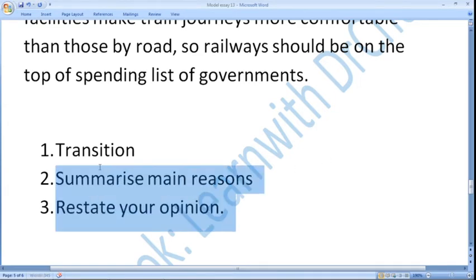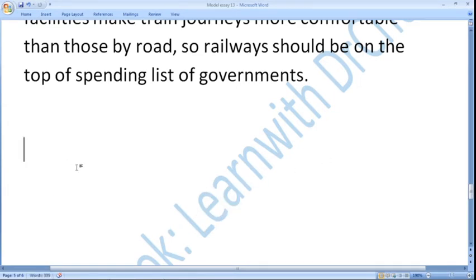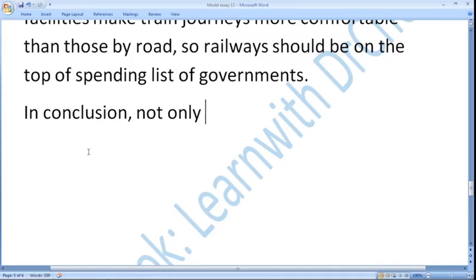Okay, these are three things. We would start from in conclusion. As I told you, in a to what extent essay, when you are writing a conclusion, you can write a not only sentence, that would be very good.